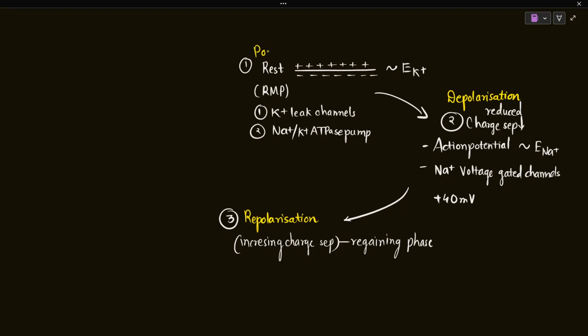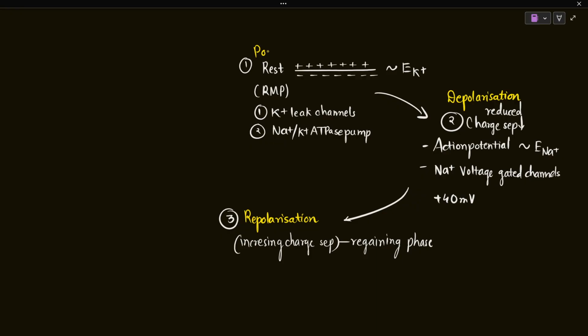Then during the repolarization state, the voltage gated potassium ion channels are open, which are going to do the potassium efflux. Before that there was sodium influx. The potassium efflux results in regaining the charge separation.